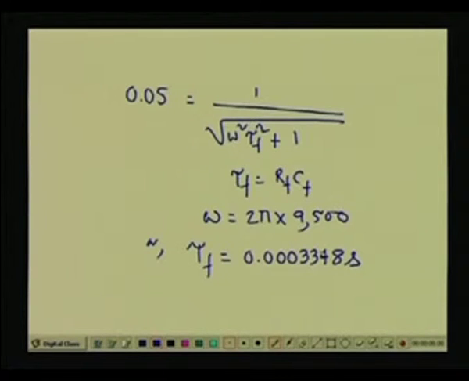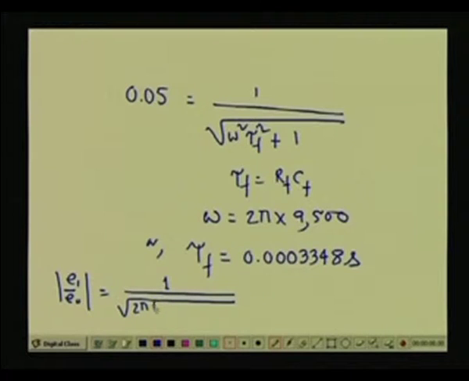For this tau f, the amplitude ratio, that means mod of E1 by EO, will become 1 upon root over (2 pi Fm tau f) whole square plus 1. So, this will give you 0.69.